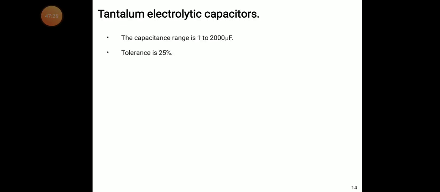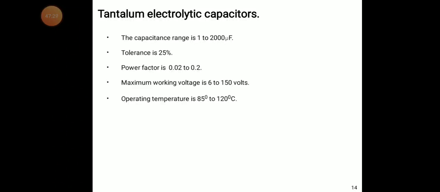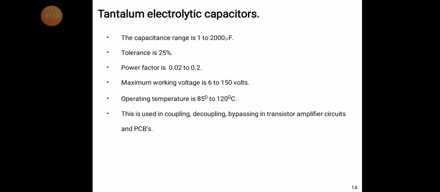Another one in the electrolytic capacitors is the tantalum electrolytic capacitor. The capacitance range is 1 to 2000 microfarad, very high. The tolerance is 25 percent. The power factor is 0.0 to 0.2.